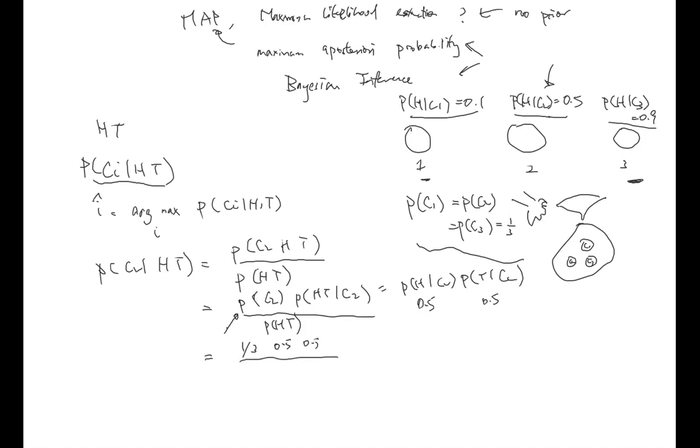Now the denominator, I don't know how to compute it directly, but I know that P(H, T) is equal to P(H, T, C1) plus P(H, T, C2) plus P(H, T, C3). Again, I'm just using marginalization. I have C as a dummy variable here, and I sum exhaustively over all the cases.